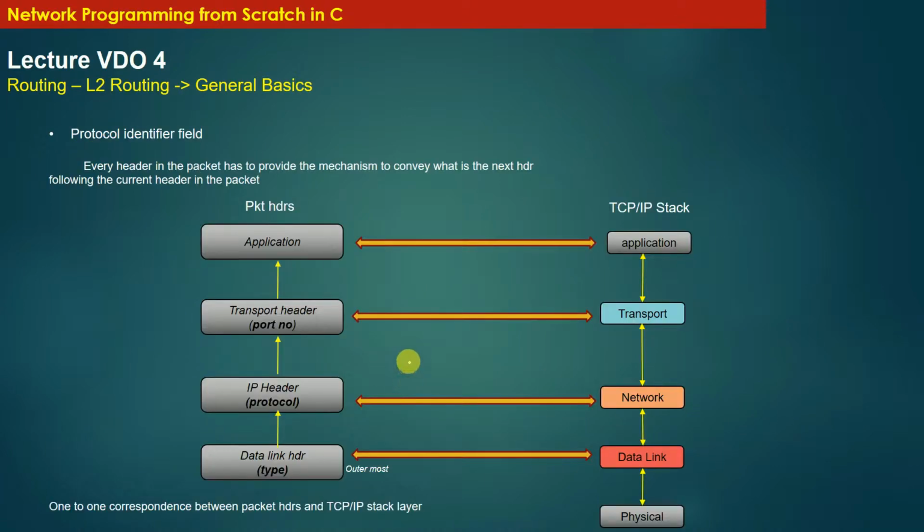The next thing that you should understand is the protocol identifier field. Every header in the packet has to provide a mechanism to convey what is the next header following the current header in the packet. Your packet contains the following headers: the data link header, IP header, transport header, and then application data.